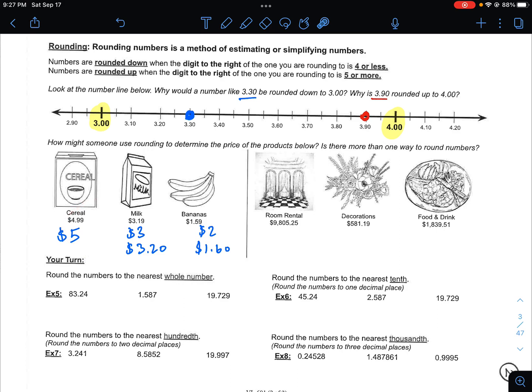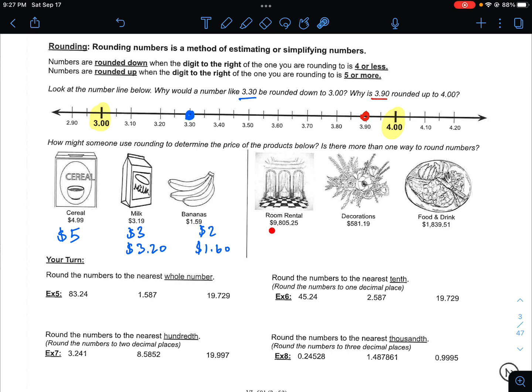Well, it kind of depends on the person. Like when we look at this right here, room rental, decorations, food and drink, and we're looking at numbers like this one's 9,805 and 25 cents. This is 581 and 19 cents, and this is 1,839 and 51 cents.